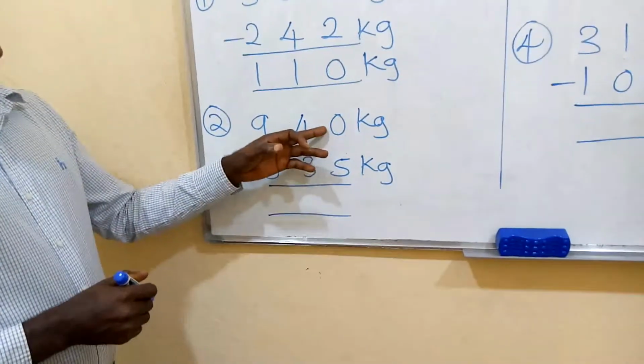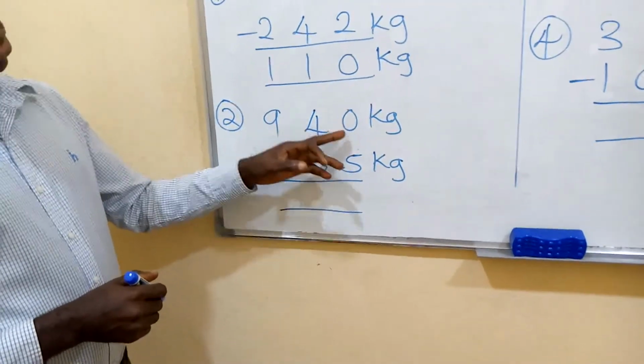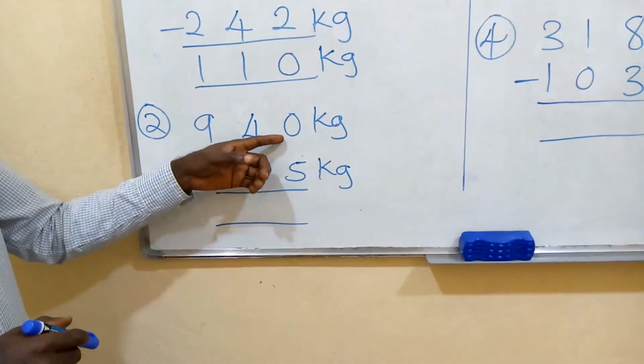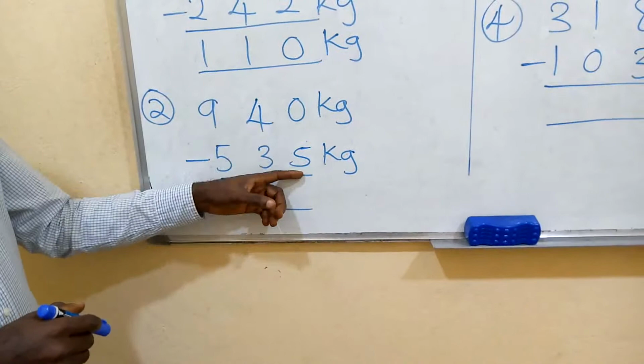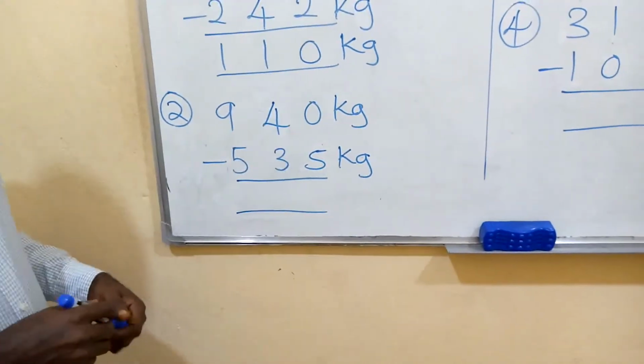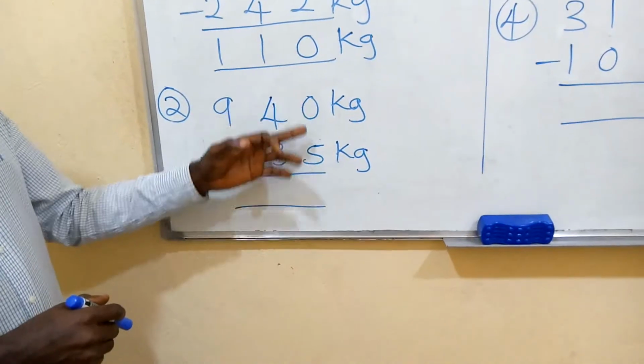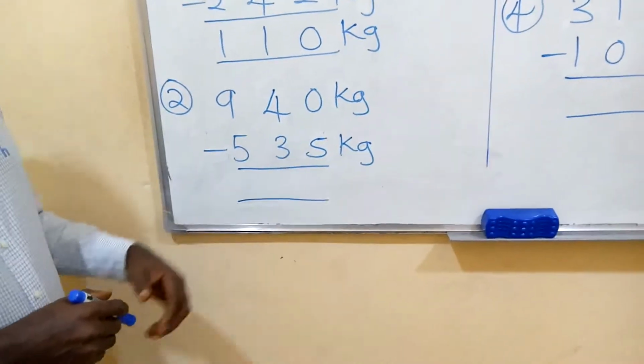What we have here is 0. 0 is less than 5. You can't take away a bigger number from a lesser number. So what do we do? We are going to make this number bigger than the one below.